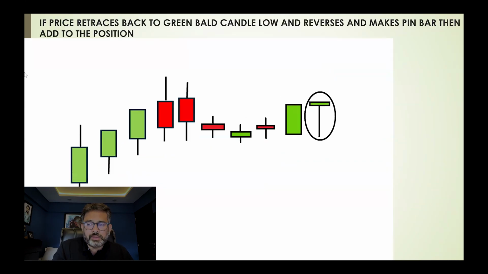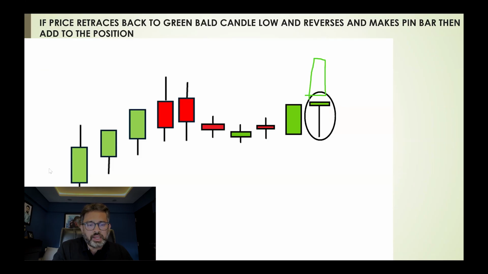And I also said if price retraces back to the green bold candle low and reverses and it makes a pin bar, then add. This is one of my favorite methods to add to my position. That means most of the time when you see this kind of green bold candle without any wicks, it is a very powerful aggressive bullish candle. Okay. And suppose the next candle doesn't go up immediately and make a bullish candle.